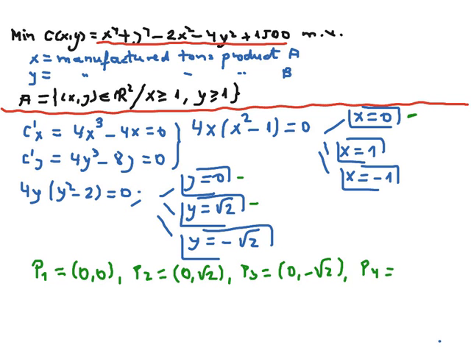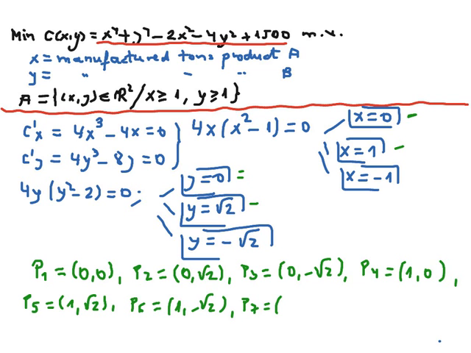Now 1 with this one, and so on, P5, 1 root of 2, P6, 1 negative root of 2, P7, minus 1, 0, P8, minus 1 root of 2, and P9, minus 1 minus root of 2.